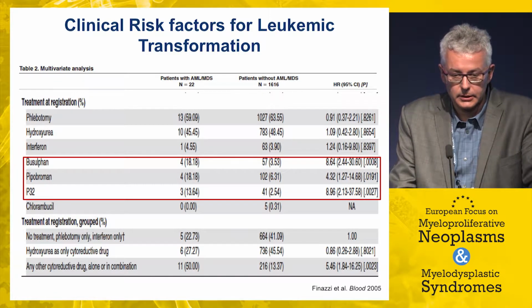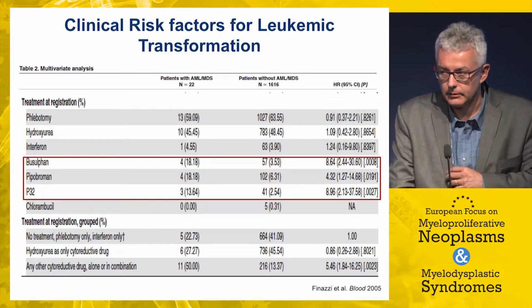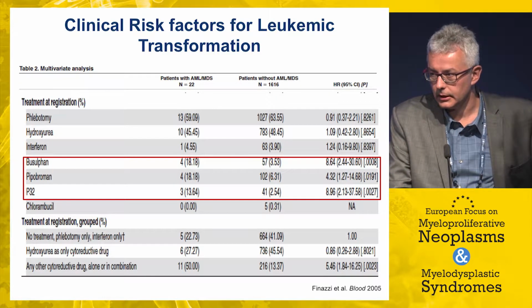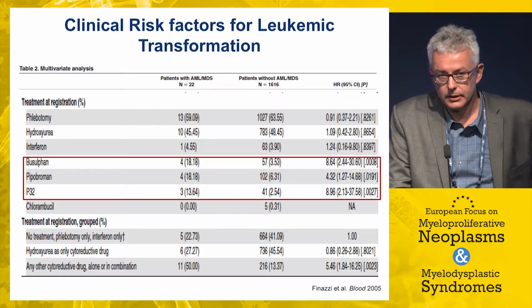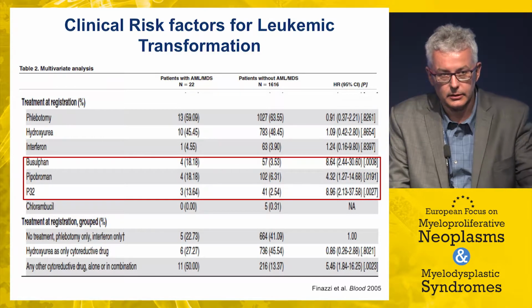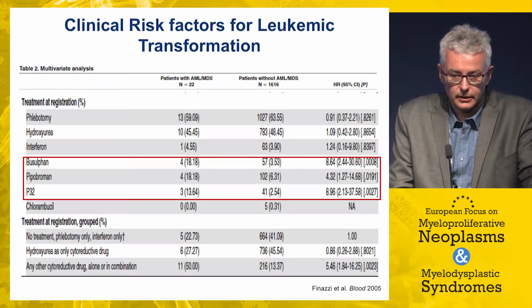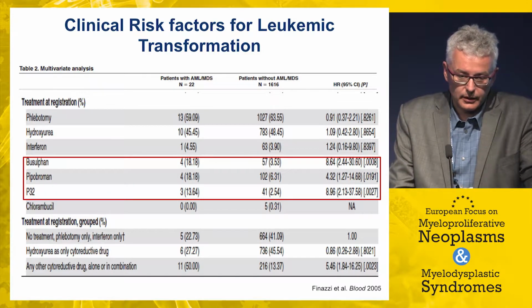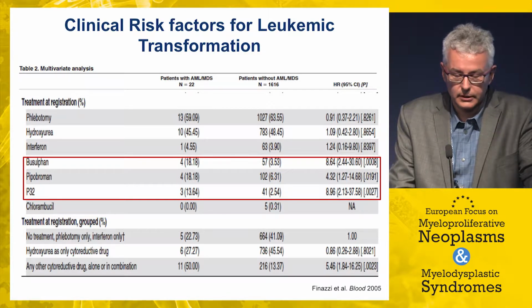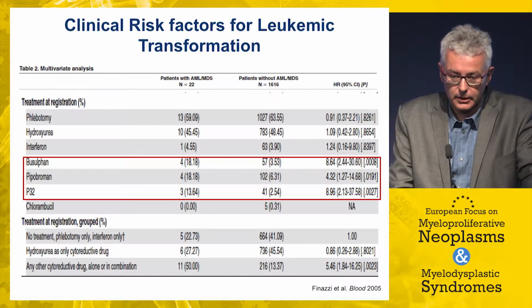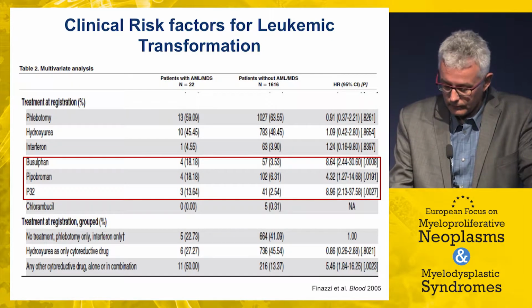In this particular study, hydroxyurea was not identified, but as we heard yesterday from Dr. Schwartz, it's a matter of time and perhaps dose, and we need much longer follow-up for this hydroxyurea effect to be seen. On the other hand, I don't have hesitations to talk about busulfan, pipobroman, or radioactive phosphorus as clearly identifiable drugs associated with acute myeloid leukemia transformation.